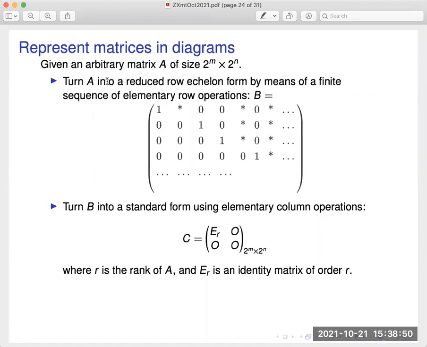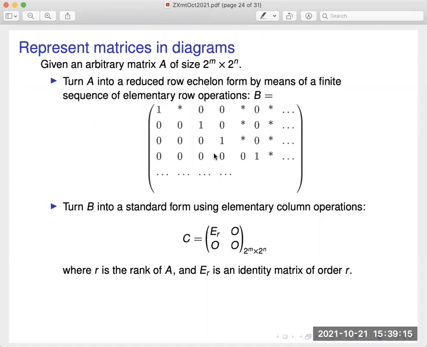First, we use Gaussian elimination. We turn A into a reduced row echelon form by means of a finite sequence of elementary row operations, right? That's the Gaussian elimination. It's like this.